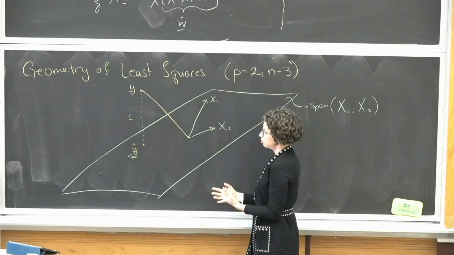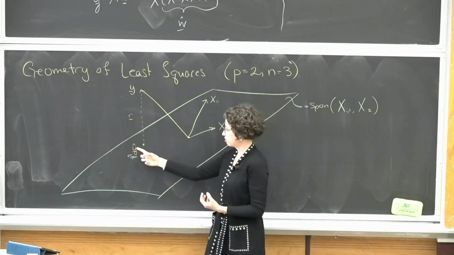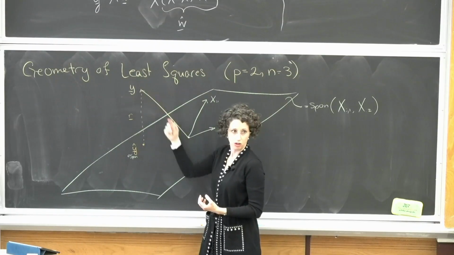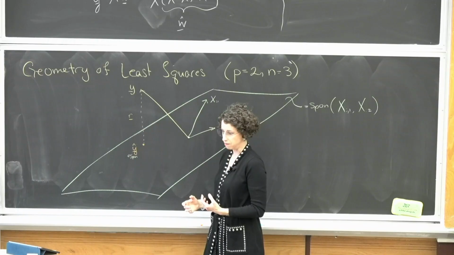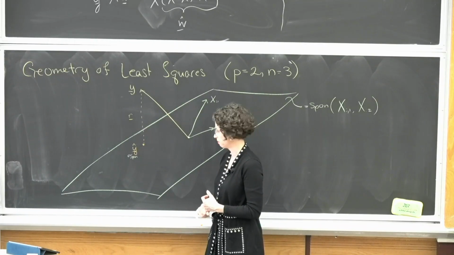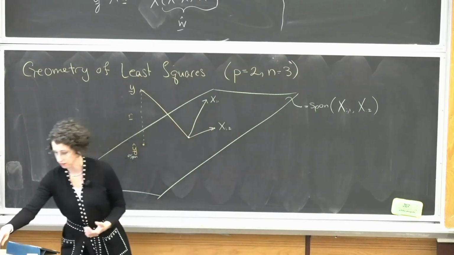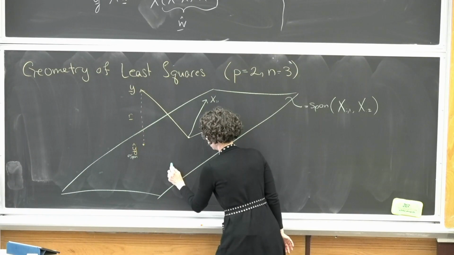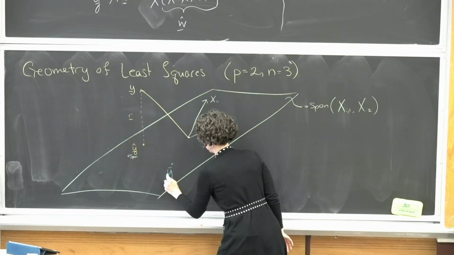And so what we want to do is find this vector of predicted labels that's going to be as close as possible to the labels of our training data by minimizing this sum of squared residuals. Now you could imagine some other point in this plane. Let's just call it y tilde.